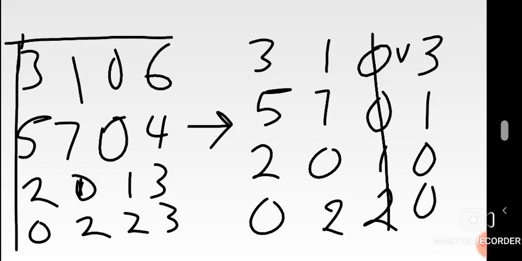The next row: how many zeros are there? A 0 and another 0. In a scenario like that, do not cross out. We only cross out when we find 1 0 in a row or a column. So we skip, because you can allocate either the first 0 or the other 0.